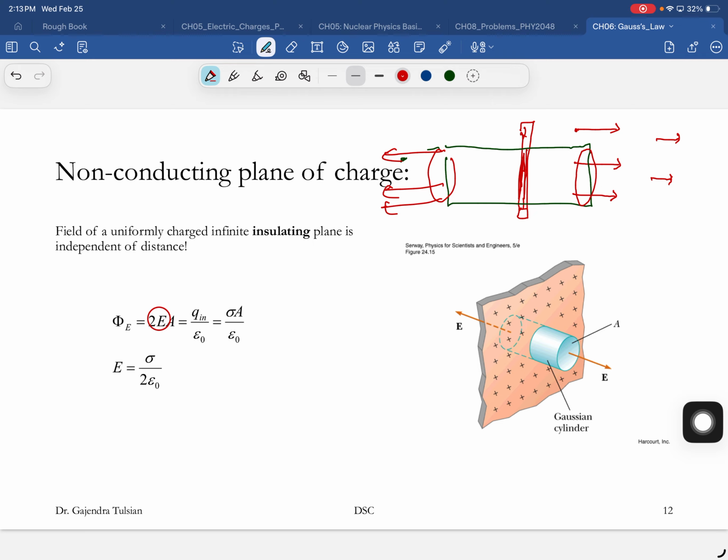Now here's a neat thing. How can I produce a uniform electric field in this room? Very good.